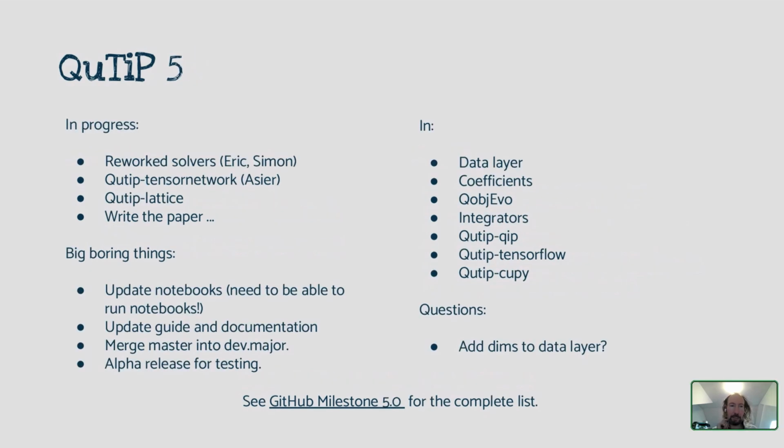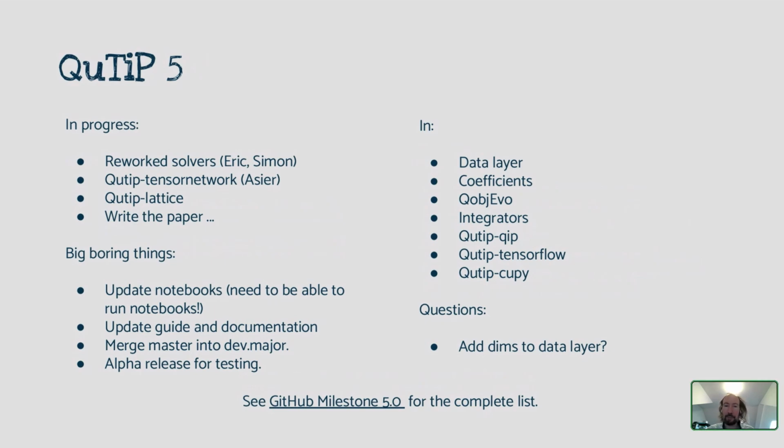And then QuTiP 5. A lot of things have already gone in. You've heard a lot today about the data layer, and it seems to be working really well. Behind the scenes, the implementation of time-dependent coefficients is being unified into one class, and that's now used throughout QuTiP, including in the new QobjEvo.